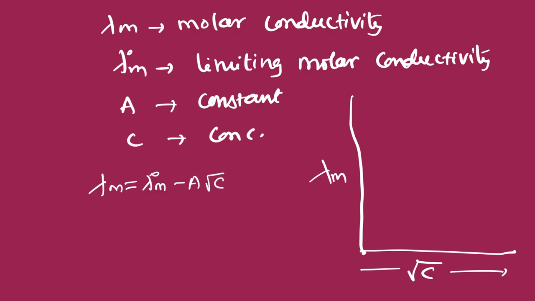According to this formula, lambda m is equal to lambda naught m minus A root C. So first of all, the graph is like this for a strong electrolyte, example KCl. Initially, at this point, it is at higher concentration.